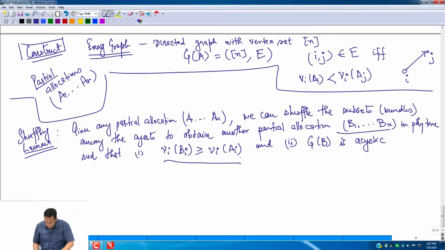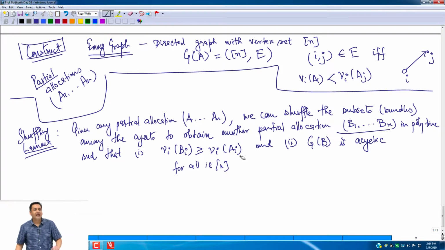This is true for all agents i in N. Note that I am not changing the ingredients of the A_i's. By shuffle, I mean literally a reassignment of these subsets A_1 through A_n among the agents, such that with the new reassignment I have this property.